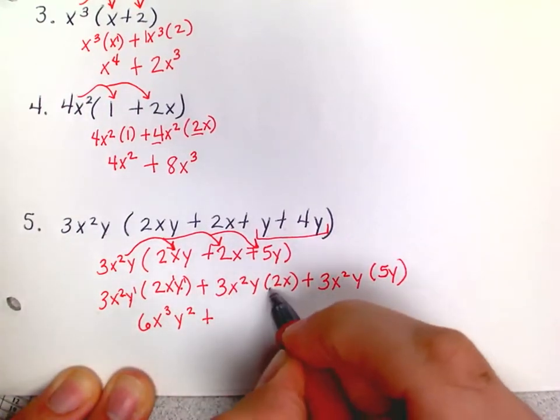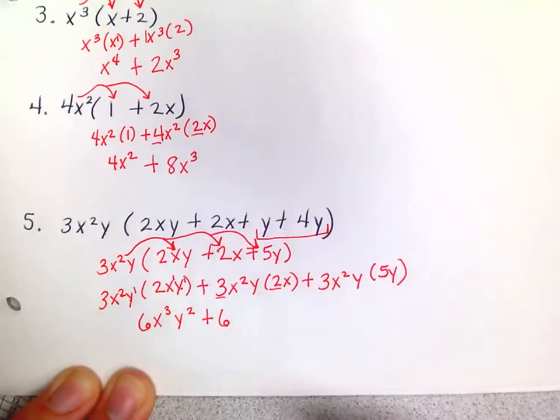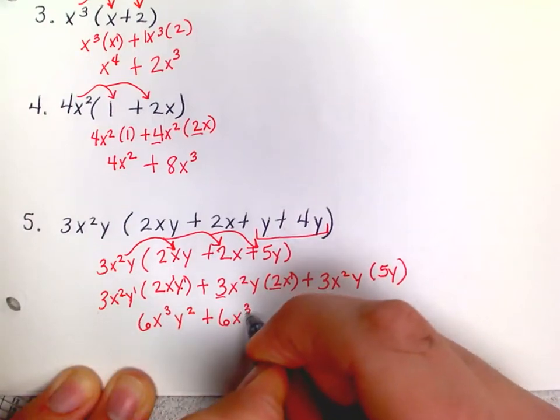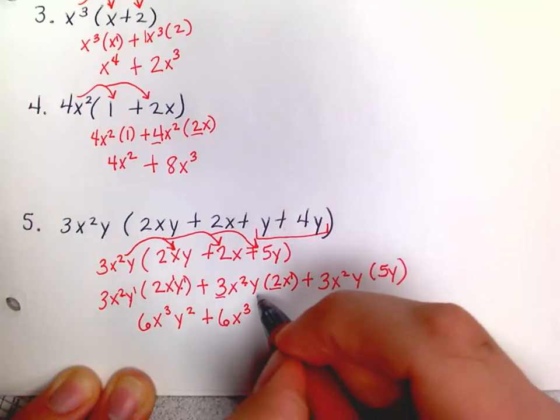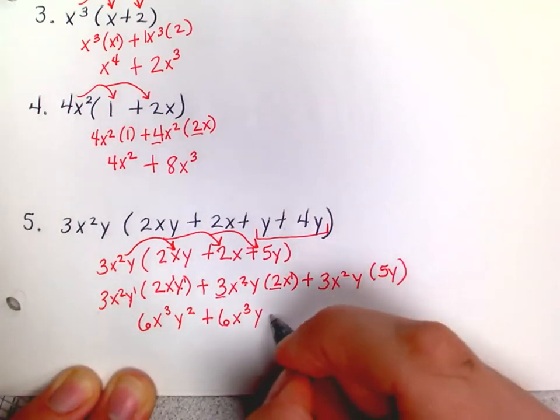Over here, let's multiply to get 6. 3 and 2 give us 6. Add our exponents, so x to the third, because 2 plus 1 is 3. There's only one y, so let's just leave that y right there. And let's add.